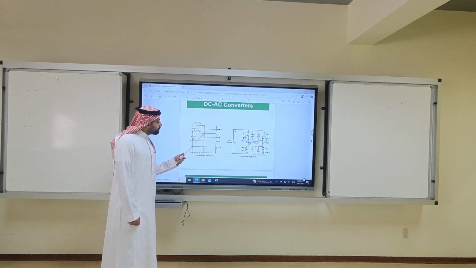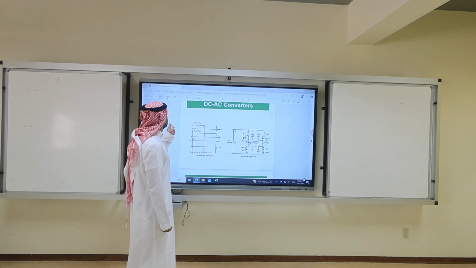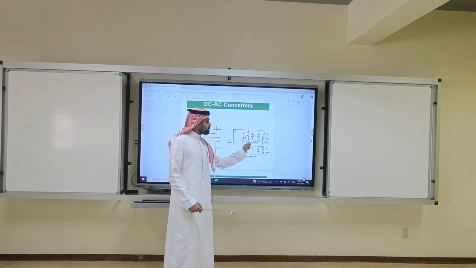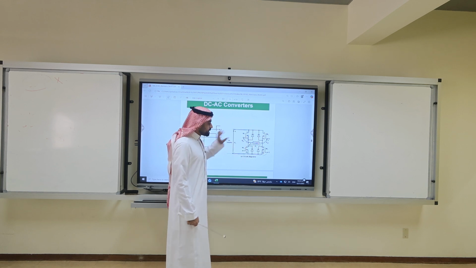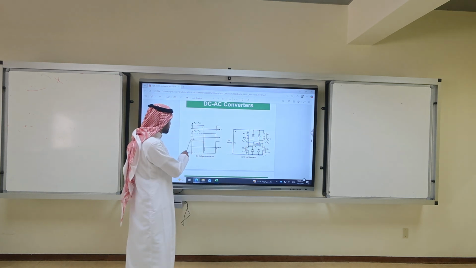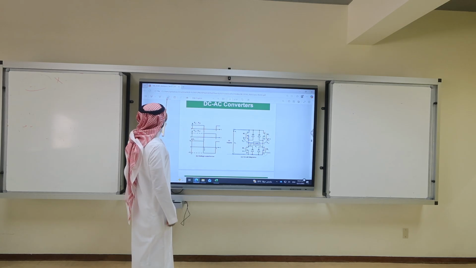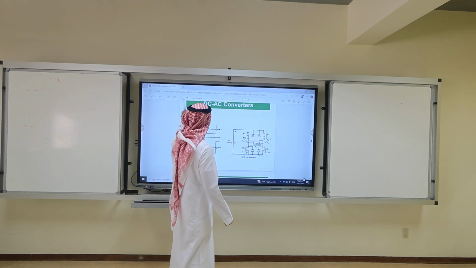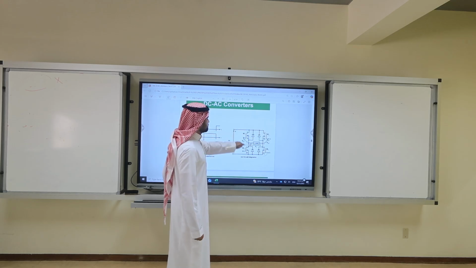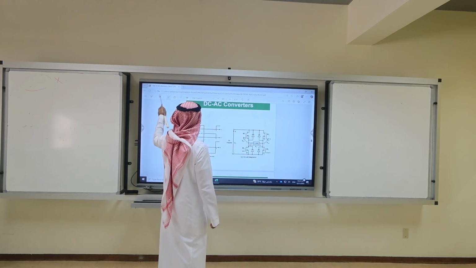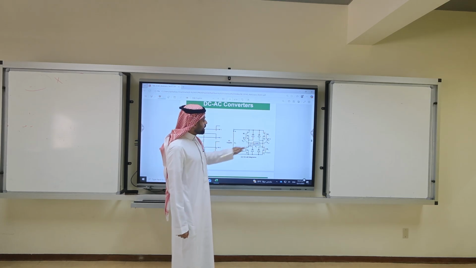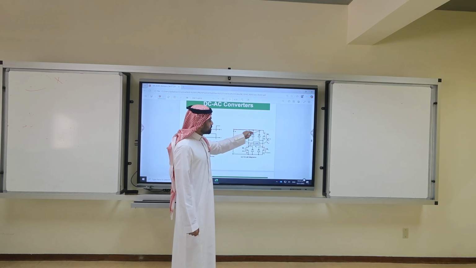The other half of the cycle, I apply VG3 and VG4. So here we conduct. So what is V output? V output is equal to Vs. The other half of the cycle, I have M3 and M4 on.